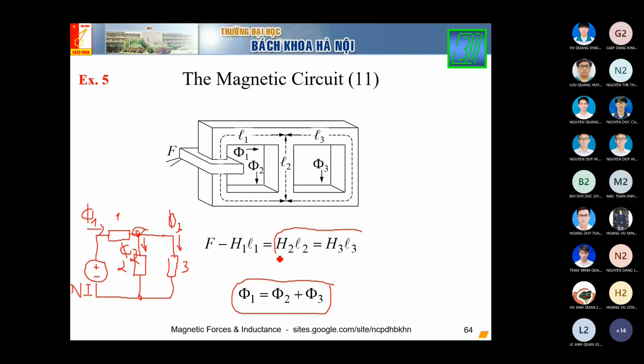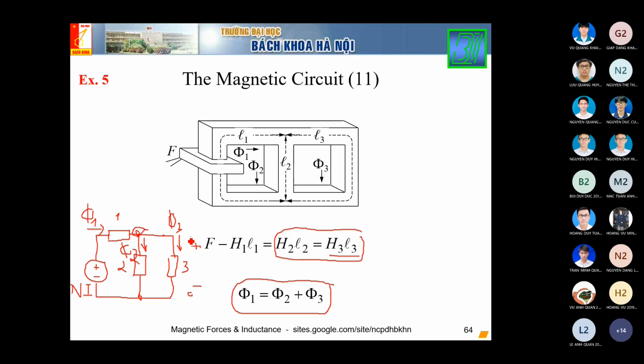For this one here, when we go from this point to this point, there is a scalar magnetic potential. The scalar magnetic potential from here to here is H3 times N3.